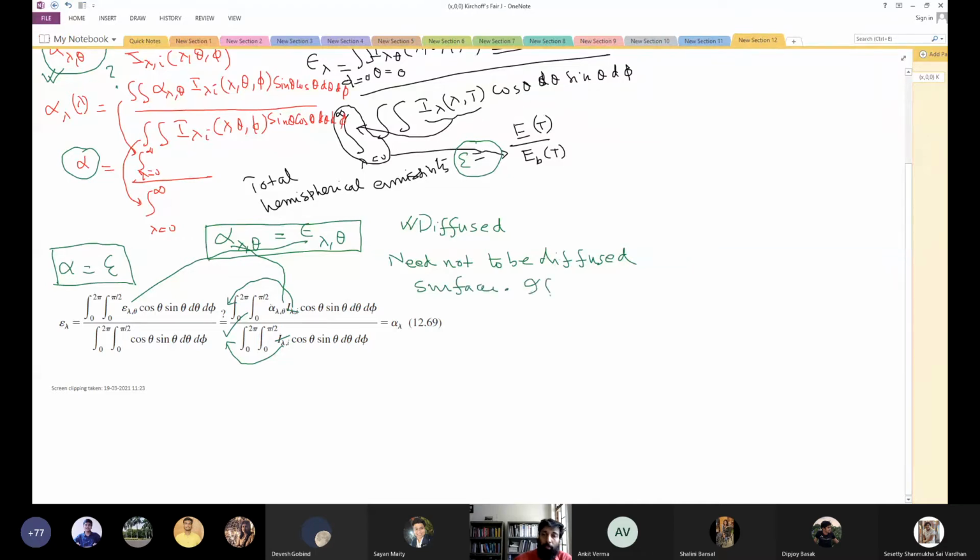If the surface need not be diffuse, if the incident radiation is diffuse, then also it holds.